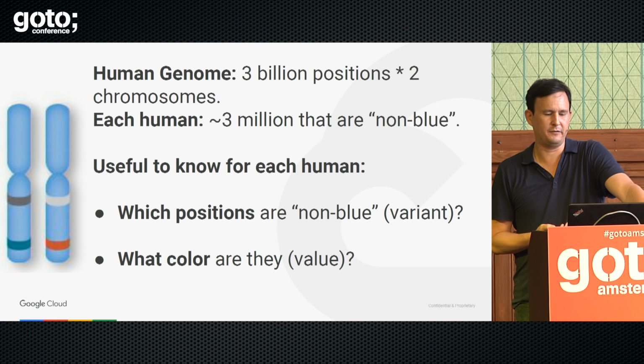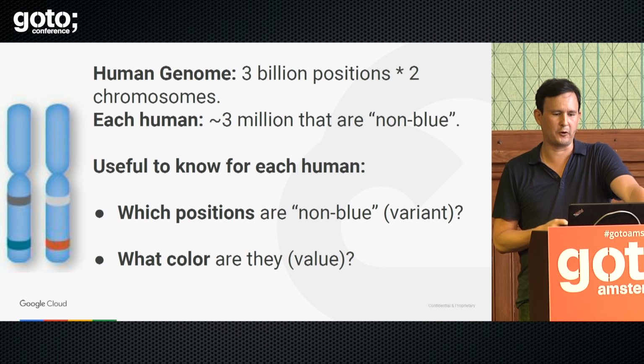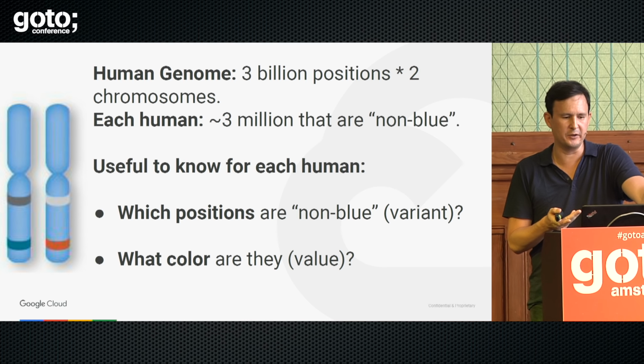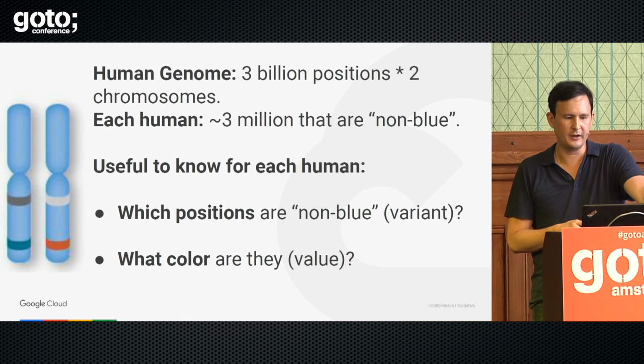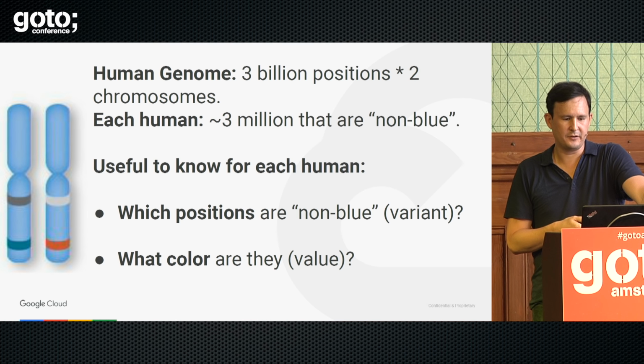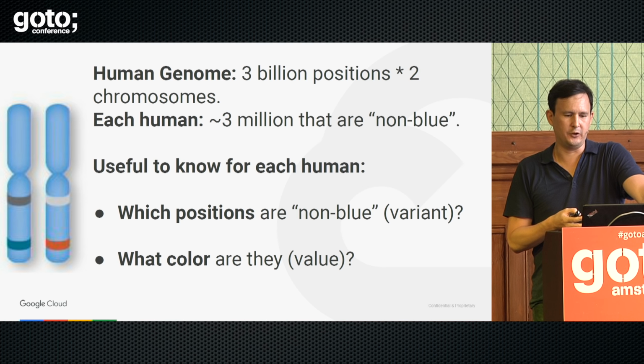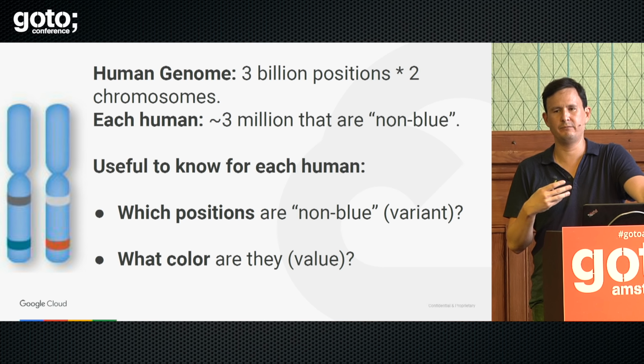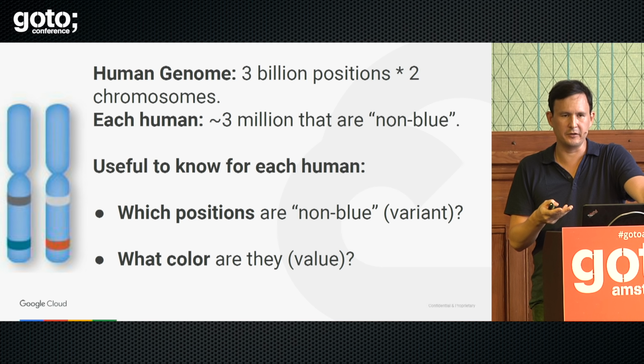Okay, that was a simplified diagram I was showing you before, but in reality it's more complicated than this, because there are actually 3 billion positions in the human genome, times 2 chromosomes per parent. For any given human, approximately 3 million of those positions differ between you and any one of you and me, and that's why we're not clones of one another, because of this genetic variation.